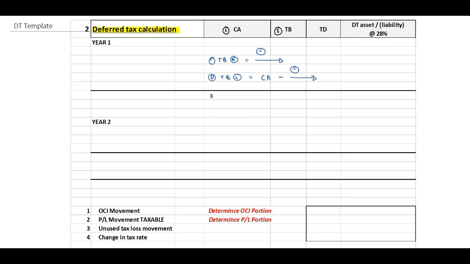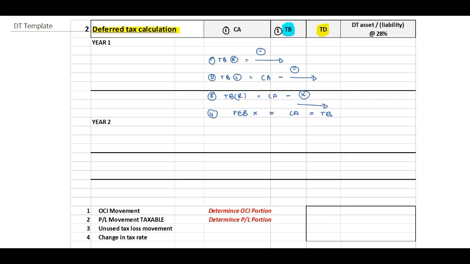We have the tax base of revenue received in advance, which is the carrying amount minus the amount not deductible in future. And if our future economic benefits is not taxable, our carrying amount will equal our tax base. And this is your rules in terms of your tax base.